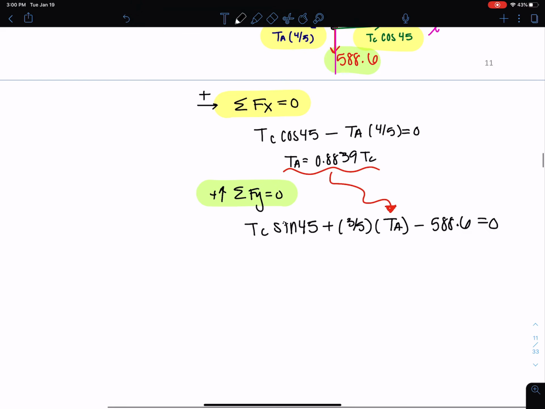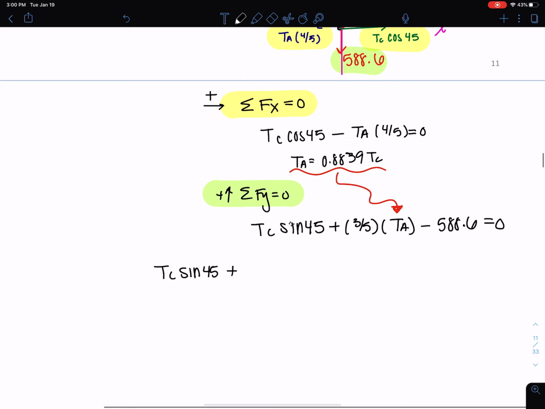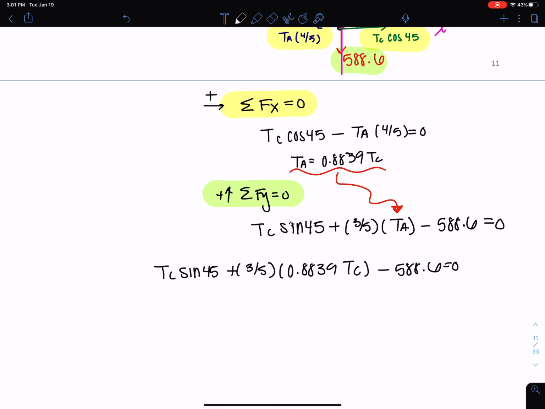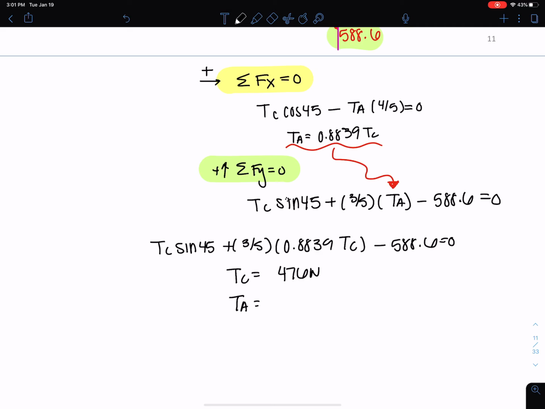Okay, so I get TC sine 45 plus 3/5 times 0.8839 TC minus 588.6. And I can directly solve for TC from that above equation. I get 476 newtons. And then I can solve for TA by just plugging it back in, and I get 420 newtons. And these are my answers.